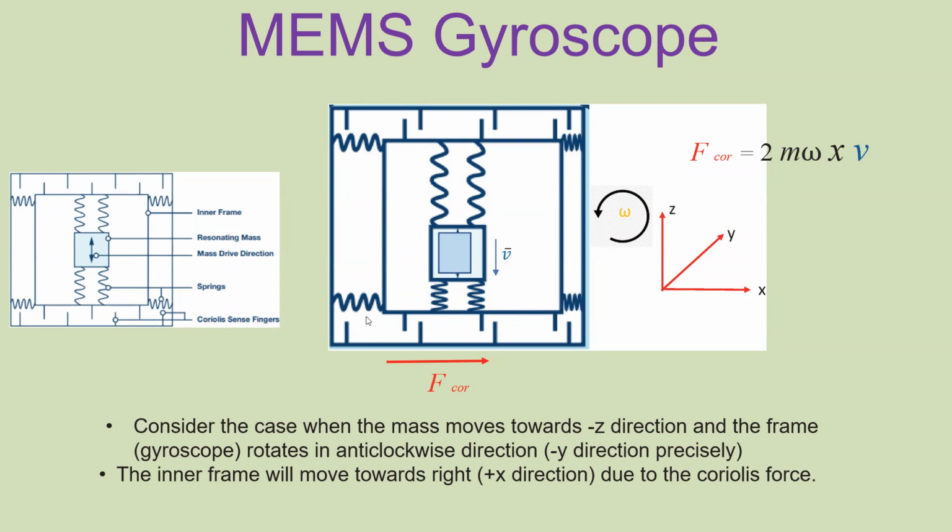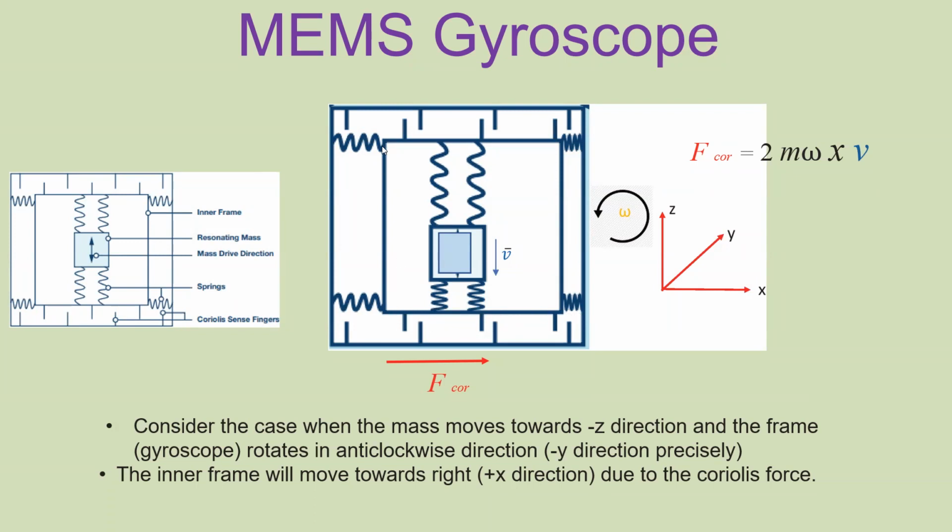This box is also held by four other springs which are oriented perpendicular to these springs. As the Coriolis force is acting in this direction, this square will try to move in this direction.